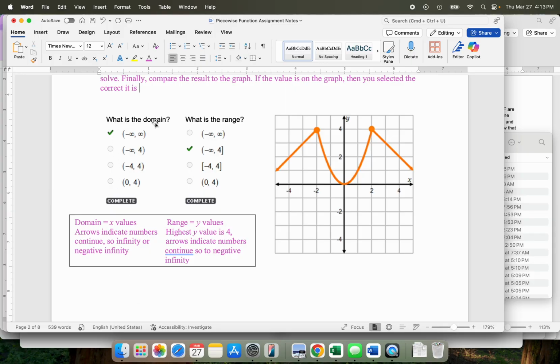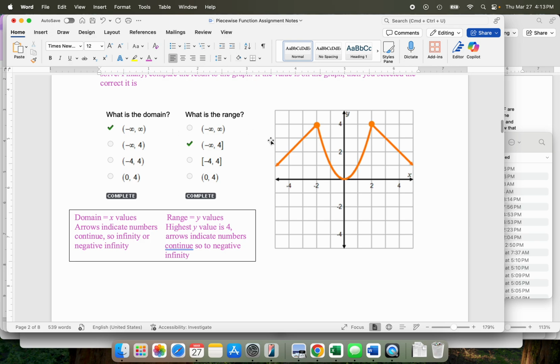Okay, so looking at the domain for that graph, same graph, we know domain values are the x values. The arrows on either end indicate that it goes to infinity or negative infinity, and so that's how we knew that was this answer. On the range, we're looking at all possible y values or output values that the function can produce.